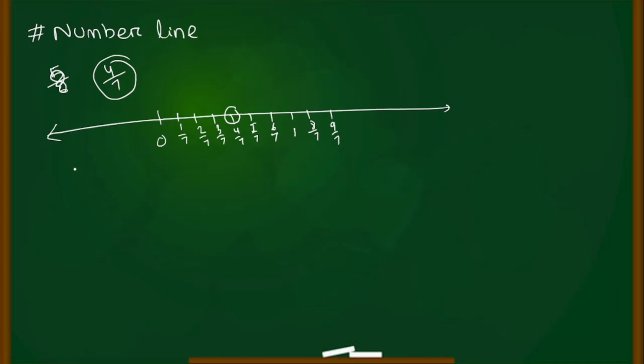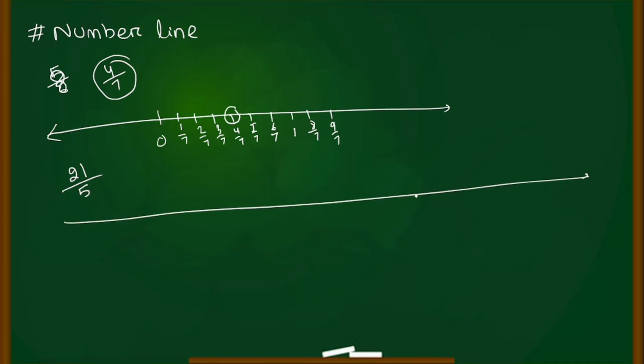Now the next question is 21 divided by 5. Simply draw a number line. Here is 0. The first one is 1 by 5, 2 by 5, 3 by 5, 4 by 5, then 5 by 5 is 1. Then 6 by 5, 7 by 5, 8 by 5, 9 by 5, 10 by 5 is 2.